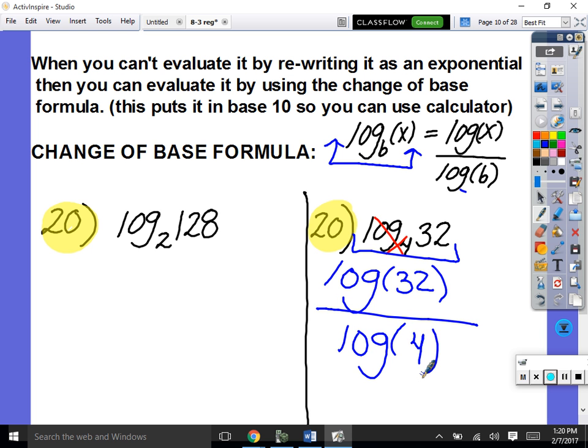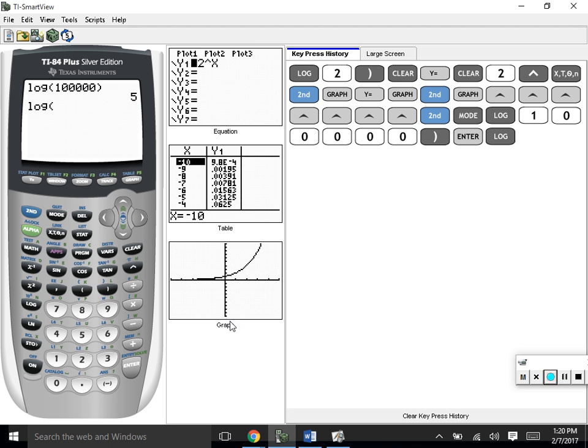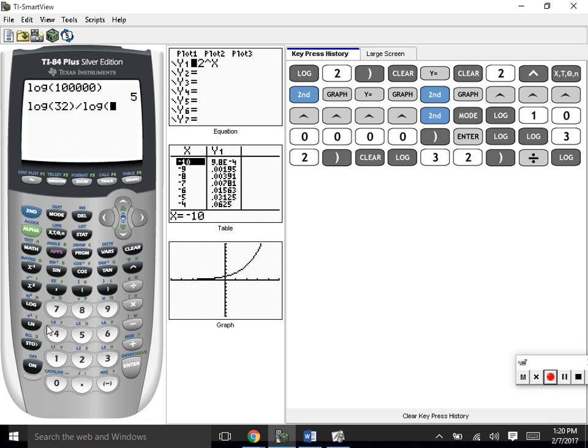And now we can type it into our calculator because it's base 10. So watch. Log of 32, close your parentheses, divided by log of 4. Hit enter and it evaluates it for us. 2.5.